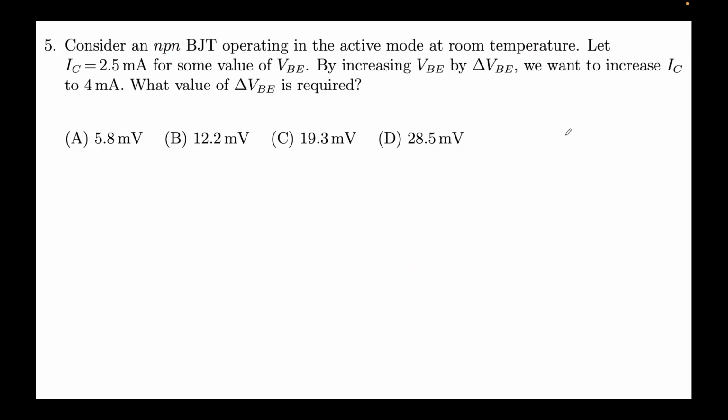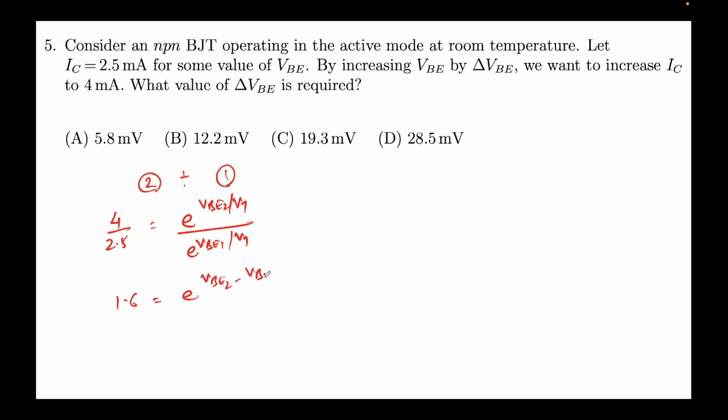So I'll simply do 2 divided by 1. We'll get 4 by 2.5 equal to e to the power VBE2 over VT over VBE1 over VT. This will come out to be 1.6. So 1.6 equals, since these are two exponential terms, e to the power VBE2 minus VBE1 over VT.